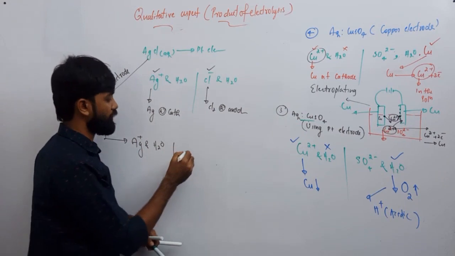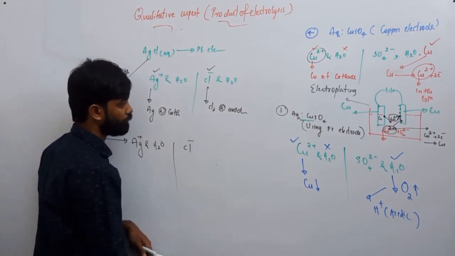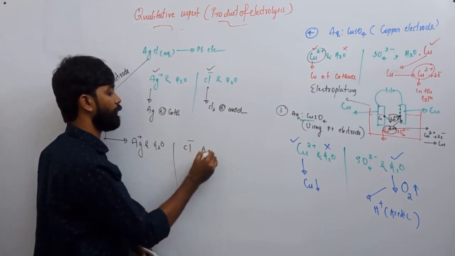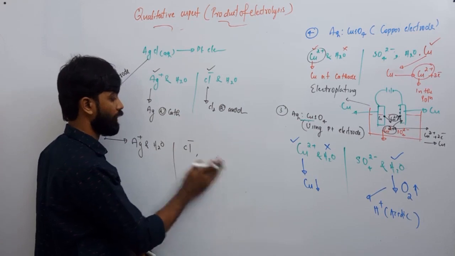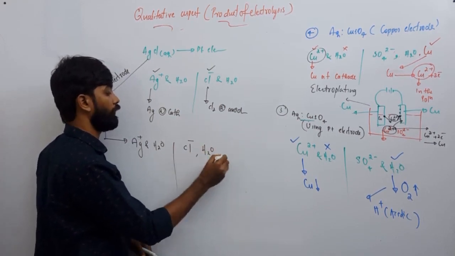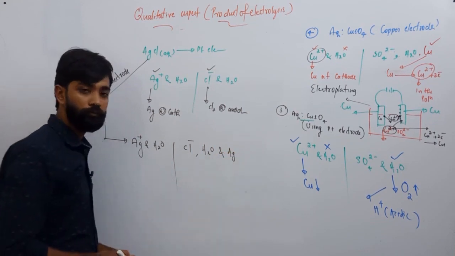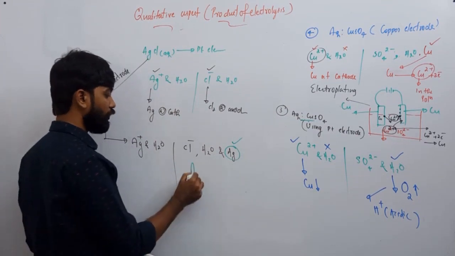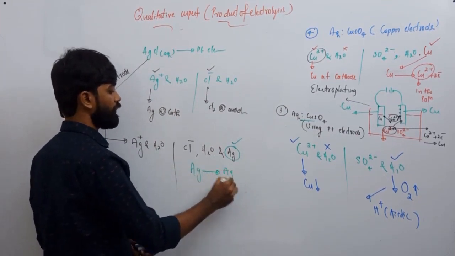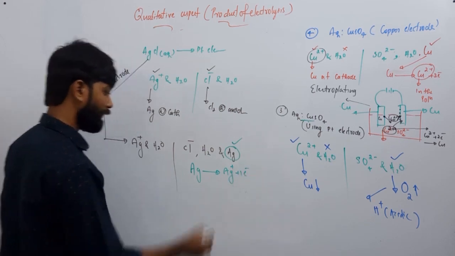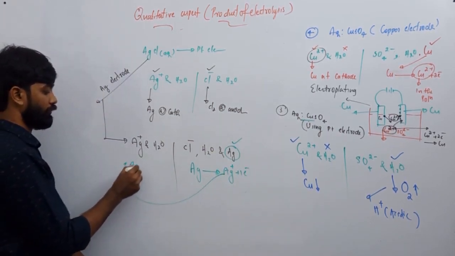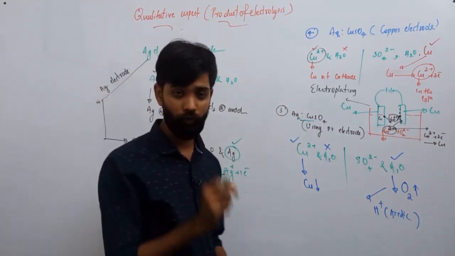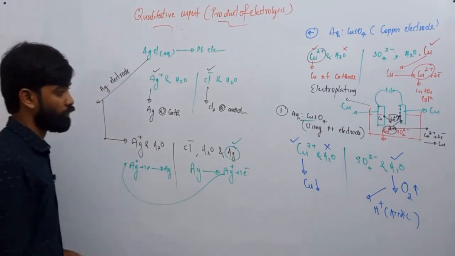But in the oxidation chance, it is between Cl minus, water and Ag. No doubt, Ag will oxidize. Ag will oxidize means Ag becomes Ag plus plus 1 electron, and that Ag plus accepts an electron, so it is attracted towards the cathode. This is the reaction actually.